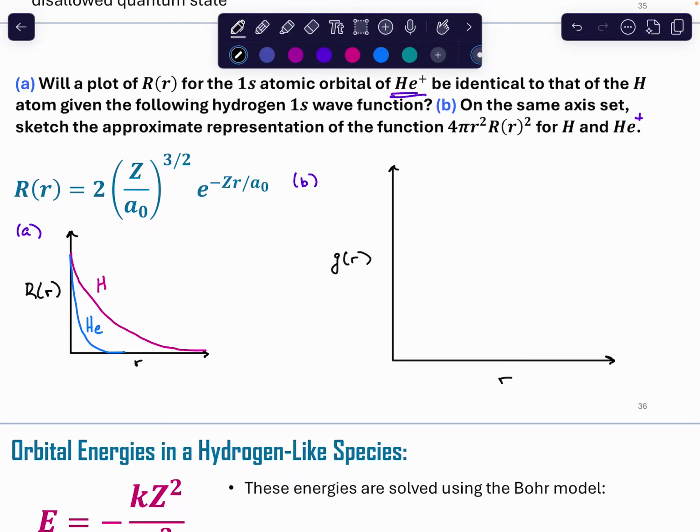And so, of course, for helium plus, we know that its larger positive charge on the nucleus is going to give us a function that looks a lot like this. And you can model these off of graphs you see in the chapter versus the hydrogen. Going to look something like this. Whereas we get much more of a spread of the electron density for the hydrogen than we do for the helium.